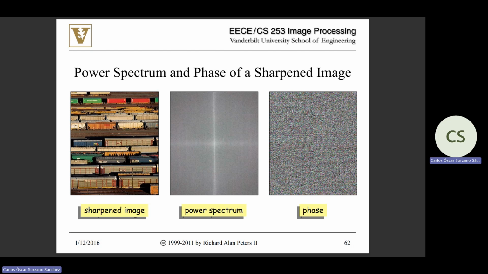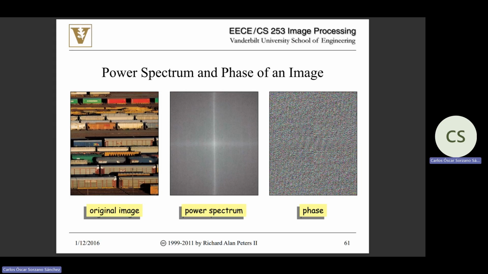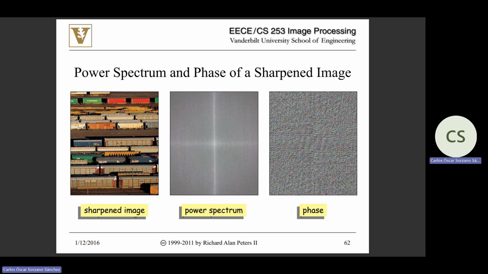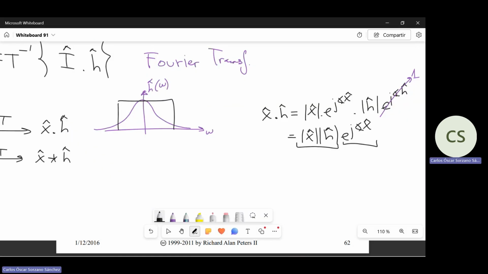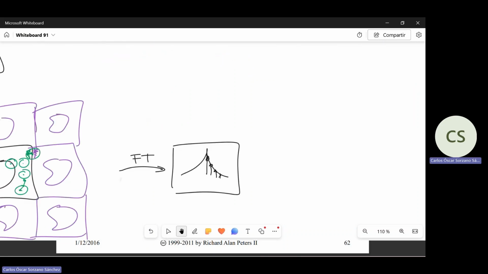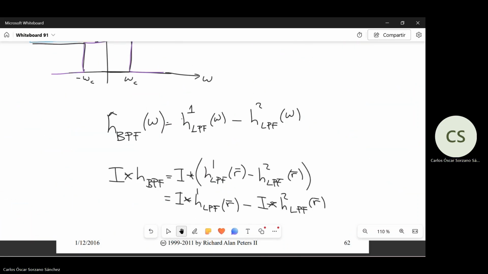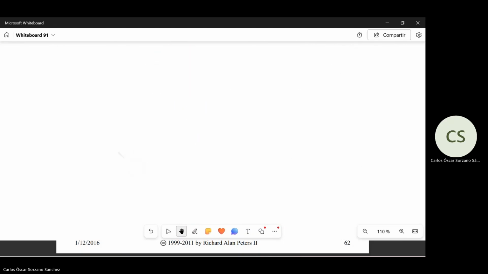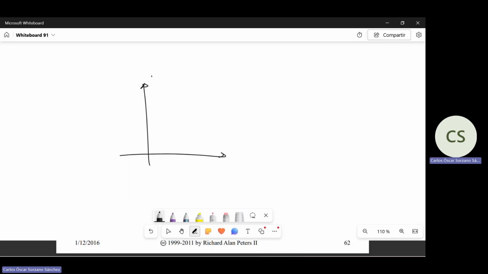What else can we do with this? Let's say that I do the following. This is the power spectrum of I. And we said most images decay somehow as frequency squared.